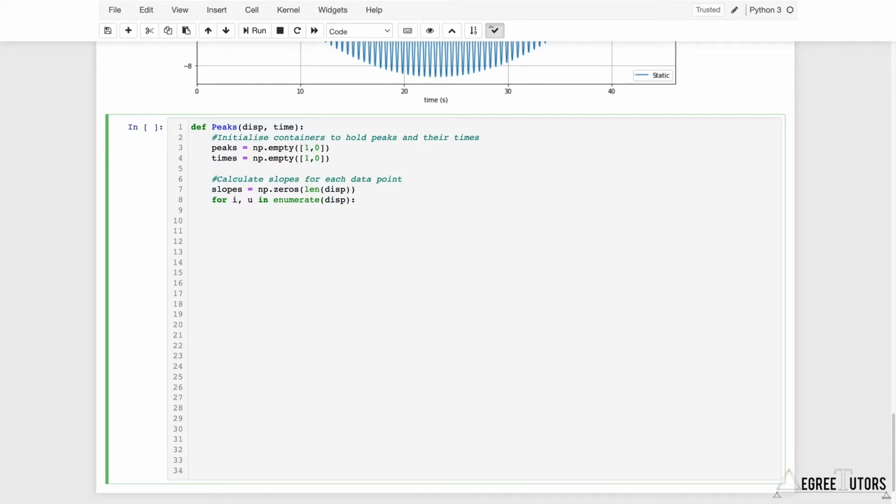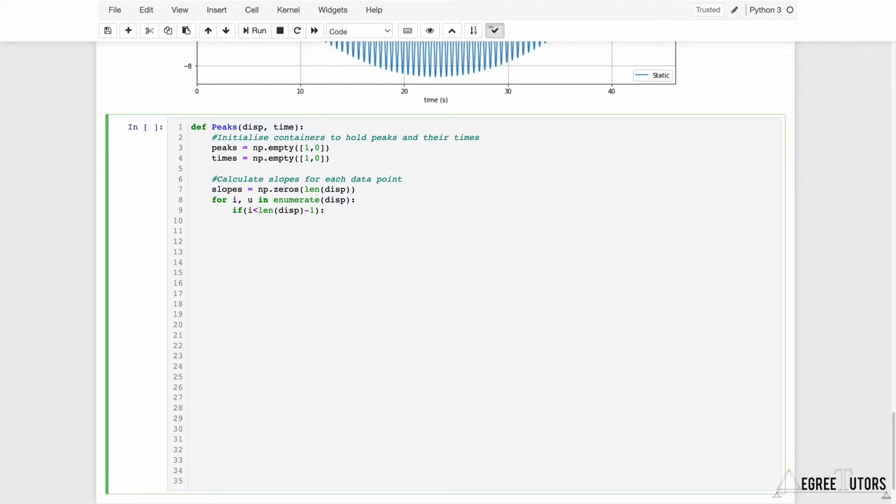Now, I can't calculate a slope for the very last displacement value because there's no next displacement value. I need 2 values to calculate a slope, so I only want to do this slope calculation if i is less than the length of the displacement vector minus 1. That means it's going to stop trying to calculate slopes on the second last displacement value.